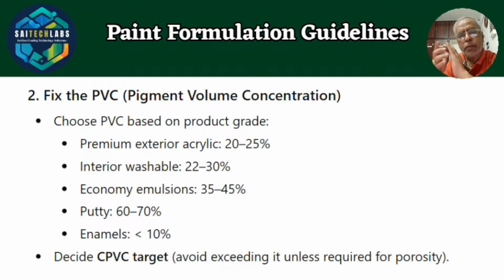First of all, what is pigment volume? See, pigment is a powder. Extender is also a powder. Then we have got the solid part of resin. For example, when you use some alkyd resin, it may be of 50% or 55% or 60% solid. So we have to consider that solid part only.